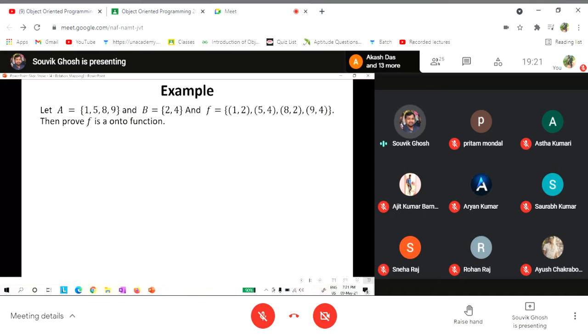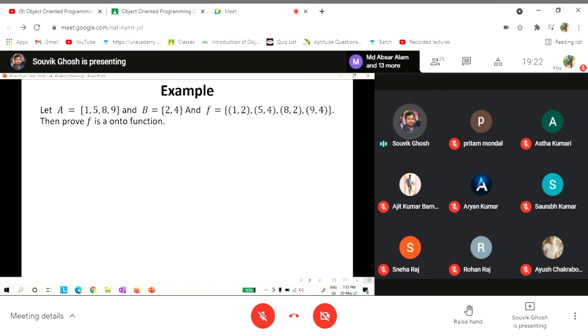So we have one example with us. We have two sets A and B, and we have a relation F, which is a collection of the ordered pairs (1, 2), (5, 4), (8, 2), (9, 4).